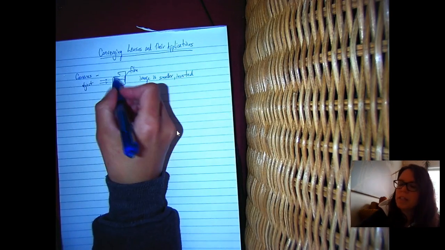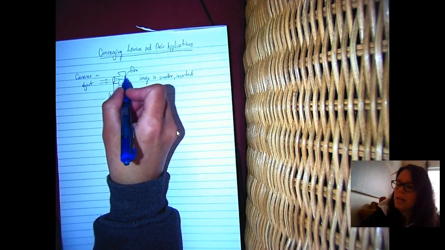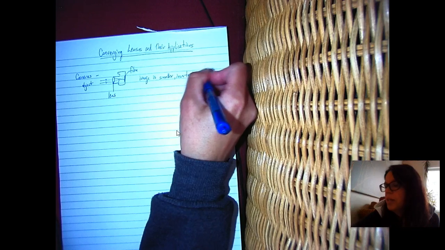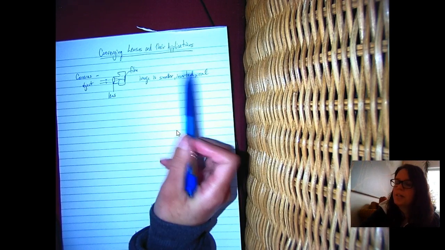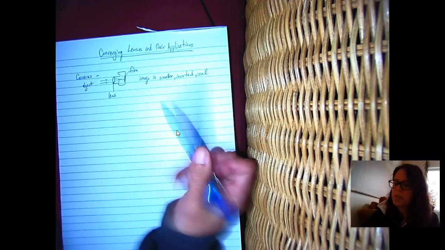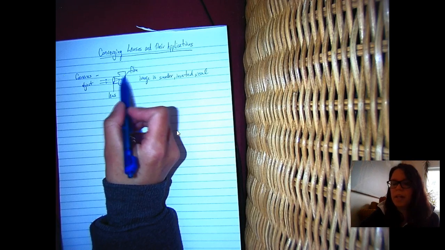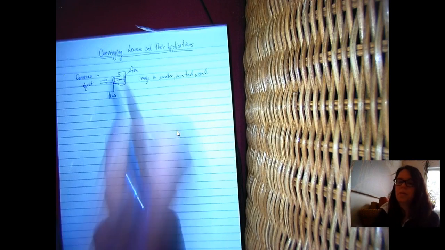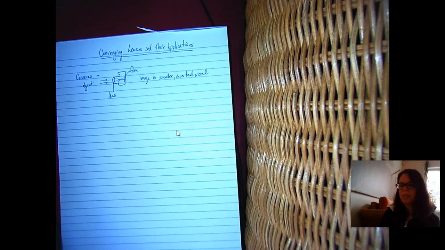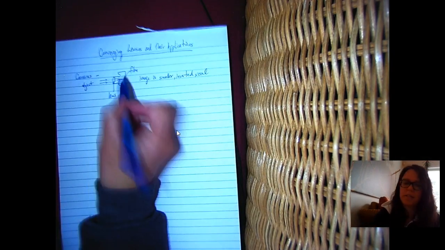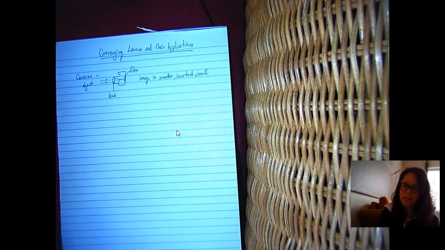So you have the lens here, and then you have the screen or the thing you can put here to get your real image. So it's smaller, it's inverted, and it's real in terms of its location. It is behind the lens, and then we don't need to worry right now about describing where it is in relation to F, but you can see it is past F where it's landing.